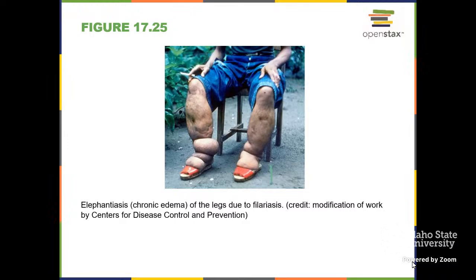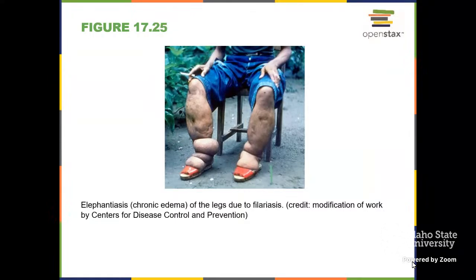So this, where we see this swelling, really is lymphatic filariasis, where these little worms block the channels in the lymph nodes. So the lymph is your body's drainage system, a one-way flow.